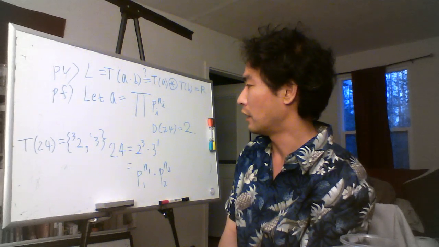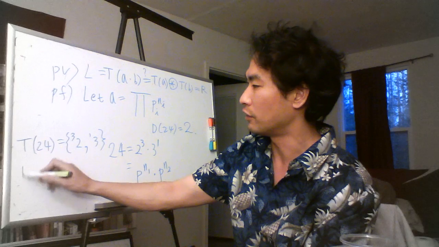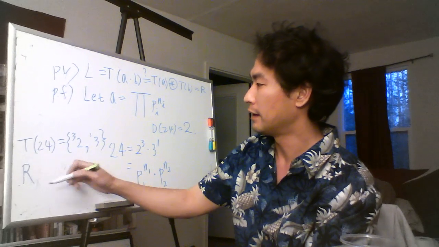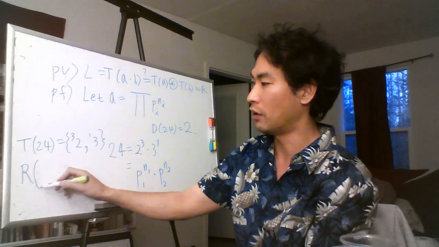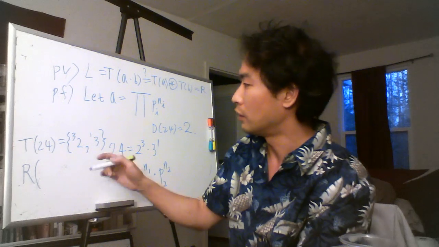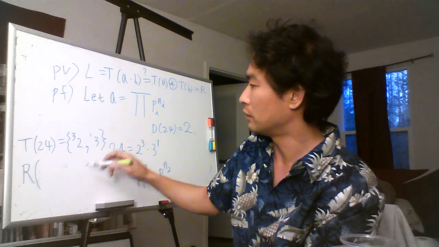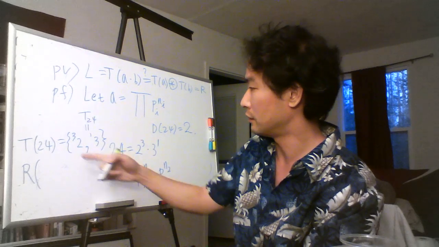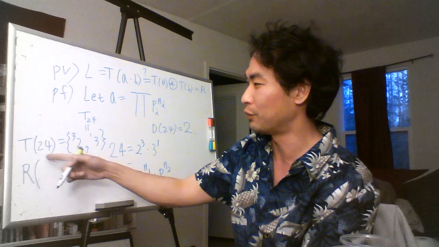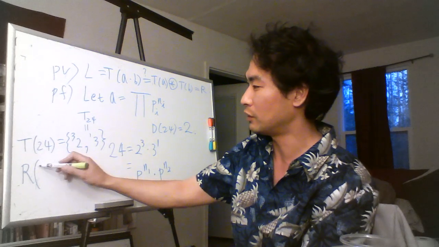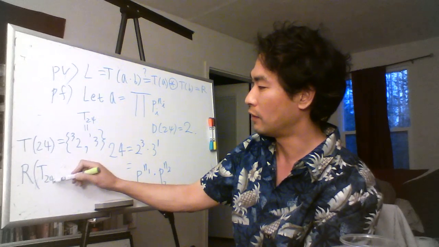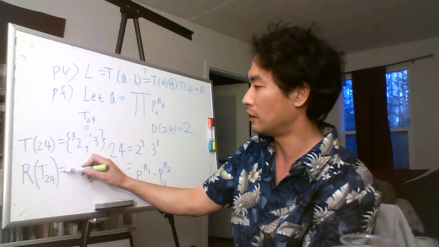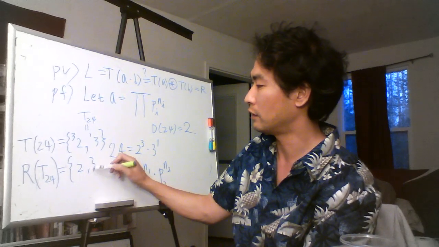The reduction function takes a multi-set and converts it into a regular set. We get rid of all the redundancies. So T of 24, if you reduce that, becomes {2, 3}.